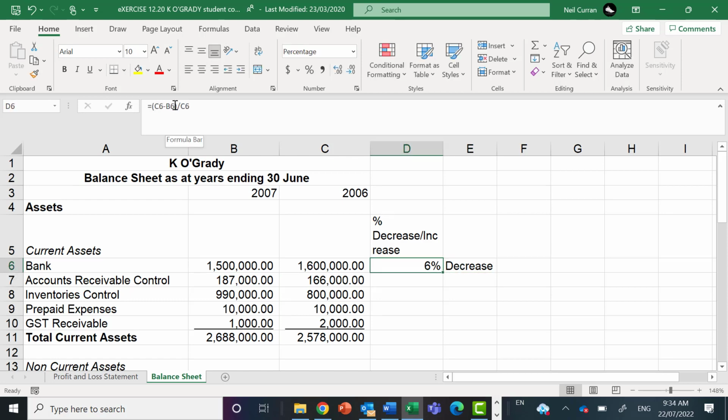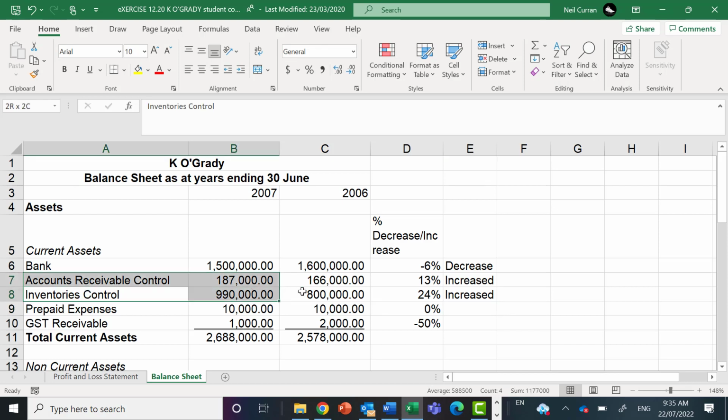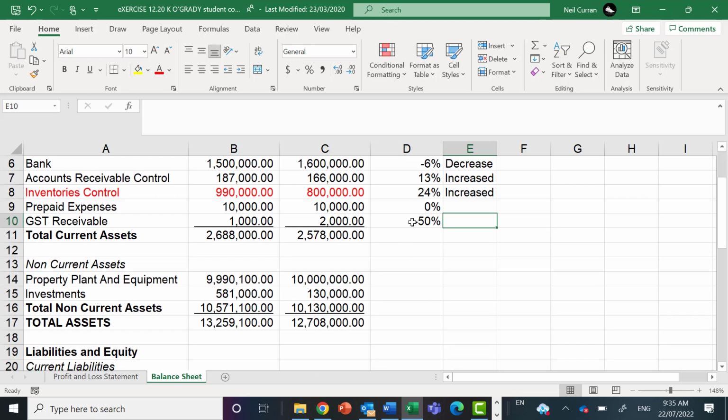Alternatively, you can swap these around, and you'll still get the same answer, just a negative amount. So what we can do then is move this down to all of our assets here, and you can see that our accounts receivable has increased, inventories has increased, which will be very important when you're discussing your inventory turnover, and also you can see our GST has gone down by 50% as well.